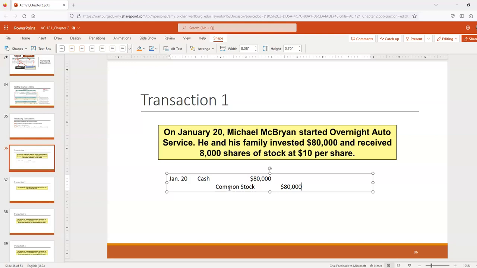So you can see that I put cash here and then I indented the common stock. So this is normal. This indicates this account was debited and this account is credited.